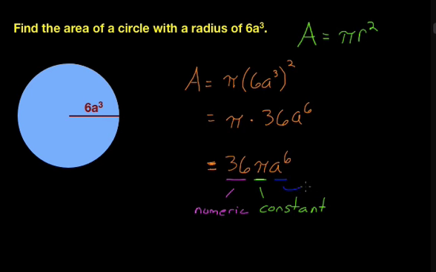Now there's only one variable in this term, but it's possible to have several variables. You can have an infinite number of variables if you want, but the variables come last. So however you got your answers, as long as you got this, you're good, but this is our area of our circle.